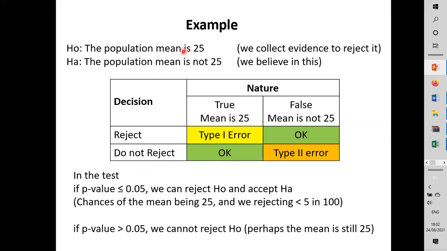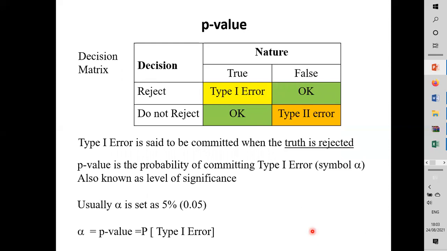It's not true, and we take the alternative. If the p-value is more than 0.05, we cannot reject H null. We just maintain it. Perhaps the mean is still 25.